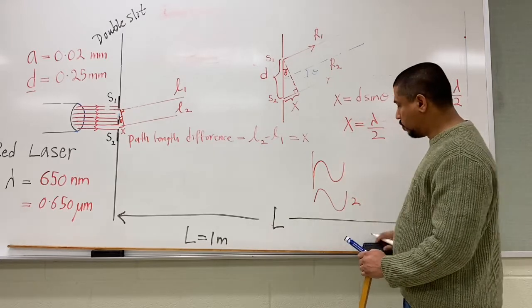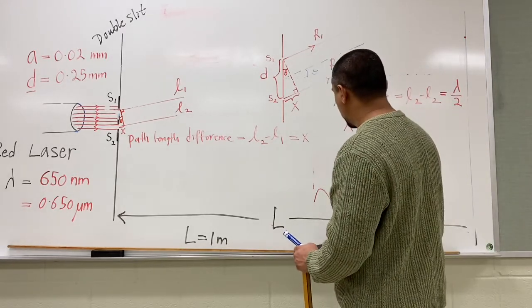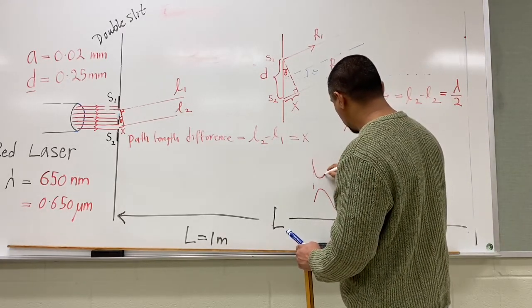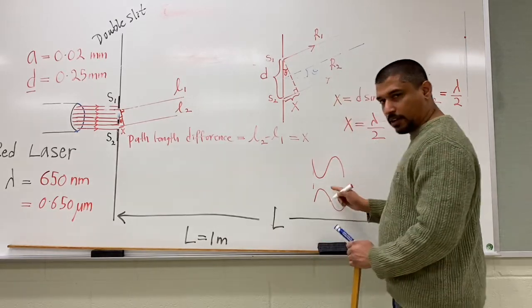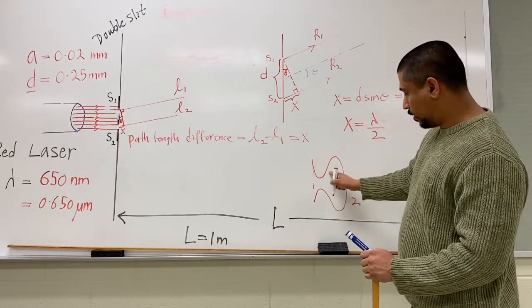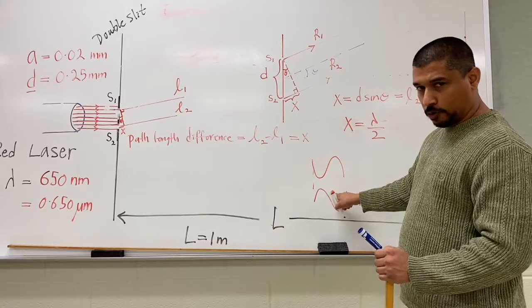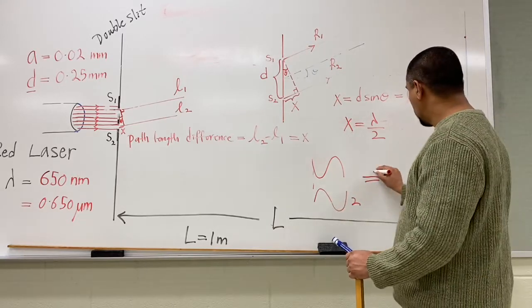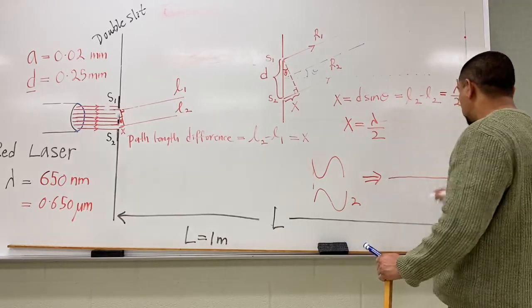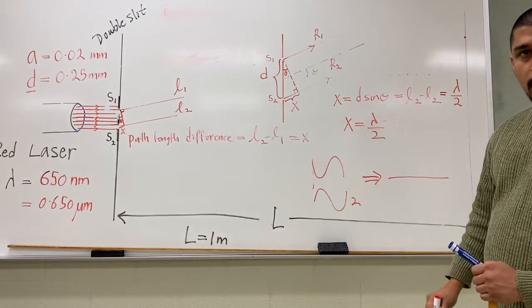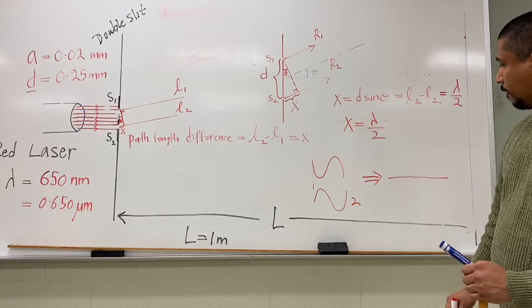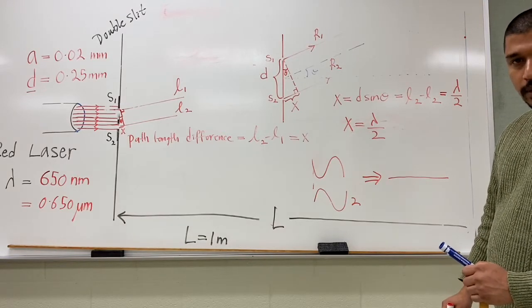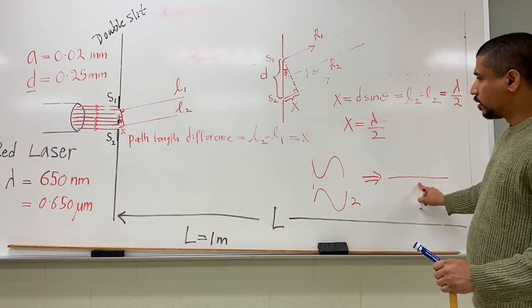Wave 1 is advanced by half a wavelength. Then when they come to the screen, this is the phase relationship between these two waves. They are exactly out of phase. So what you have is zero amplitude, no wave, zero intensity.